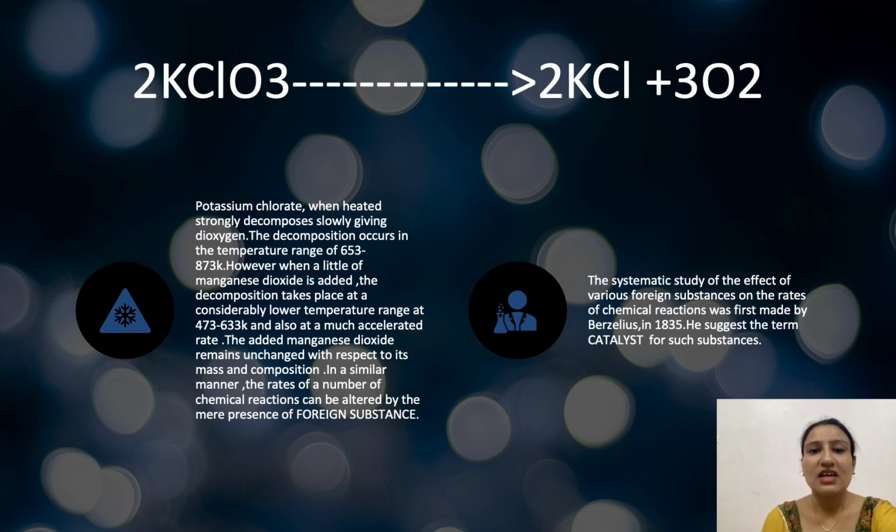He suggested the term catalyst for such substances. So we can say that catalysts are the foreign substances which accelerate the rate of reaction without changing their mass and composition in that reaction.